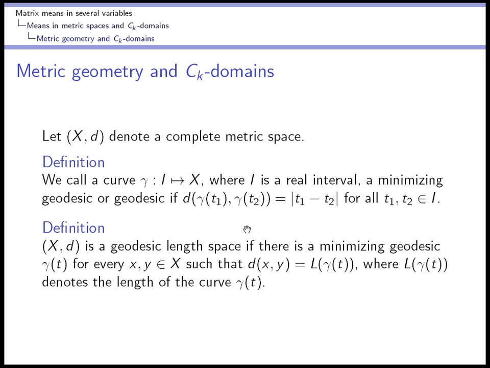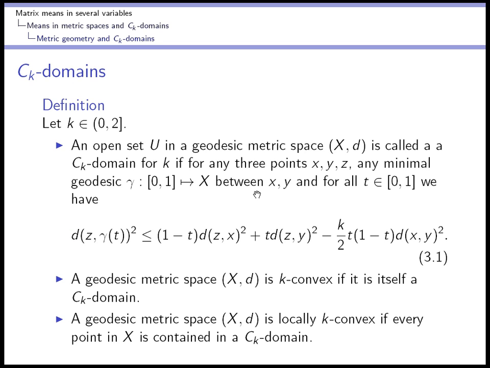We are going to define geodesic length spaces based on this definition. (X, d) is called a geodesic length space if there is a minimizing geodesic for every x and y in the space, which connects x and y, and it has a length the same as the distance of x and y. Now, in this case, we say that (X, d) is a geodesic length space.